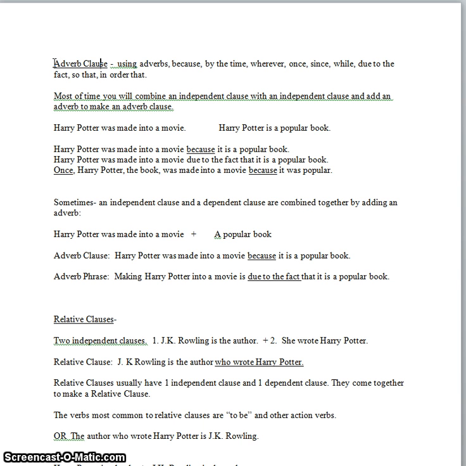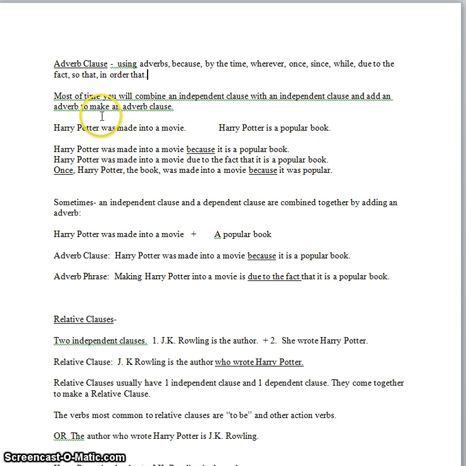Now an adverb clause is going to use adverbs like because, by the time, wherever, once, since, while, due to the fact, so that, and in order that.